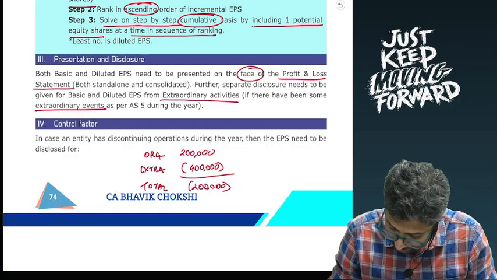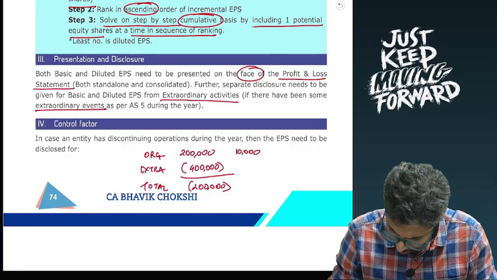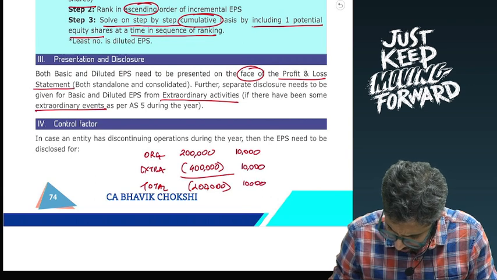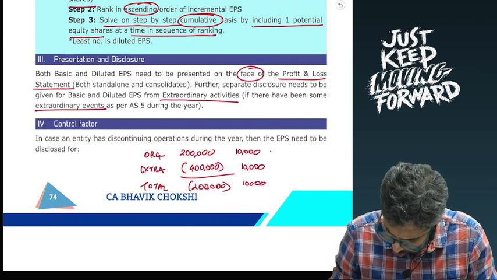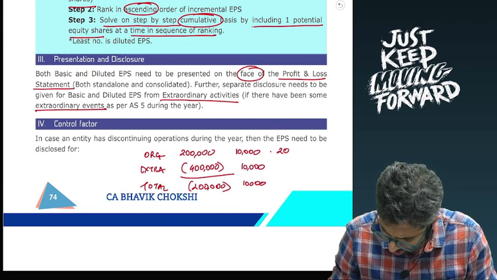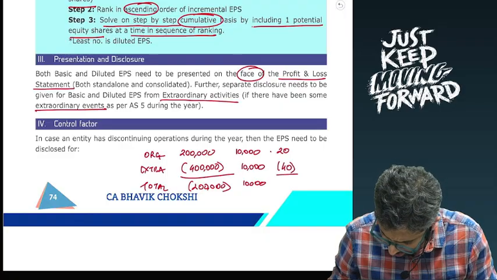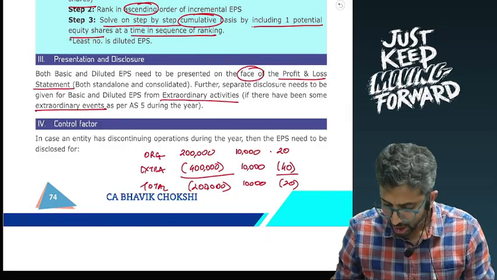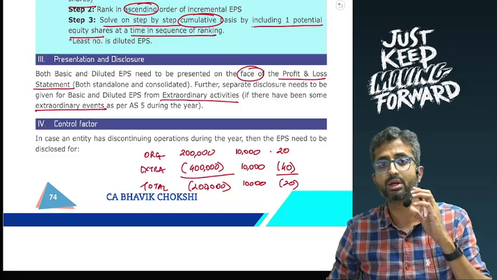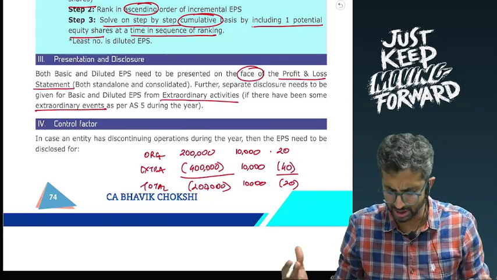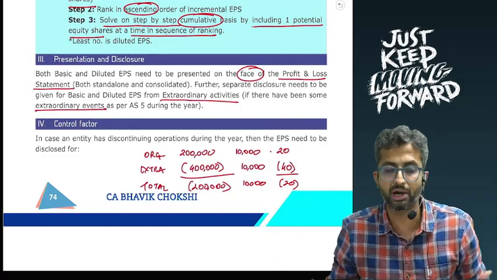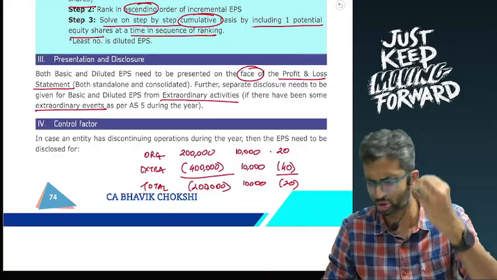Now let us say the company has 10,000 shares. So if I have to give a separate disclosure for all the three, I would say that for basic EPS, 2 lakhs divided by 10,000, that is 20. This is negative 40, and this is negative 20. So this is fine, but the problem is, what if there were potential equity shares? Let us say potential 2,500 equity shares, maybe incremental shares or whatever.